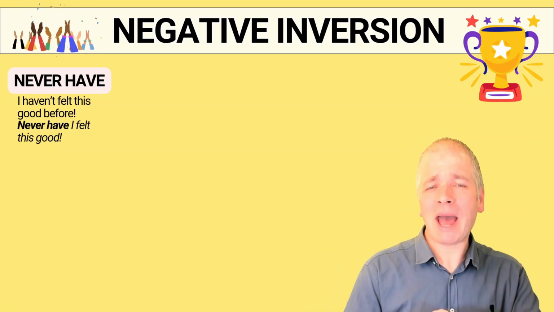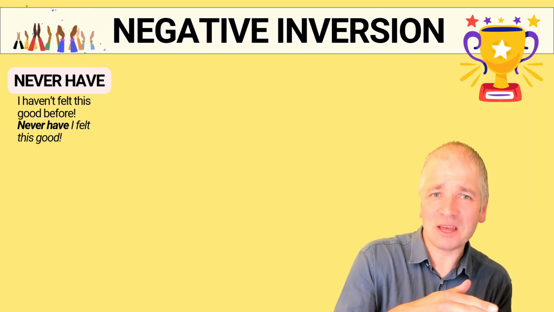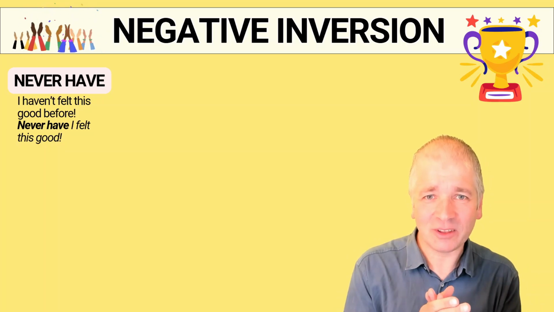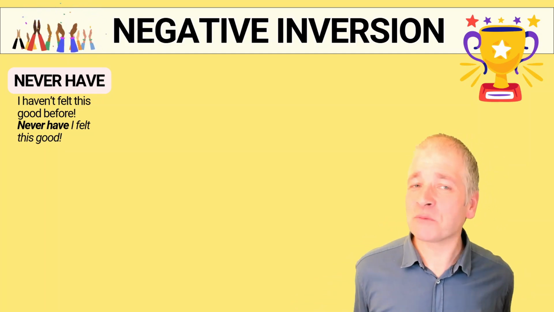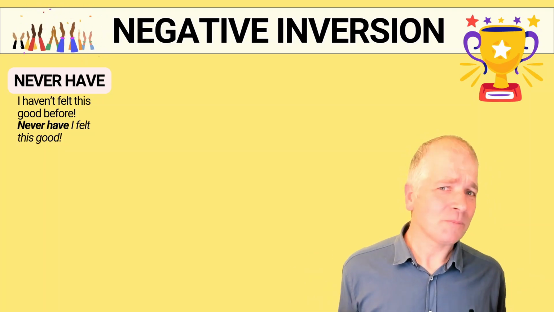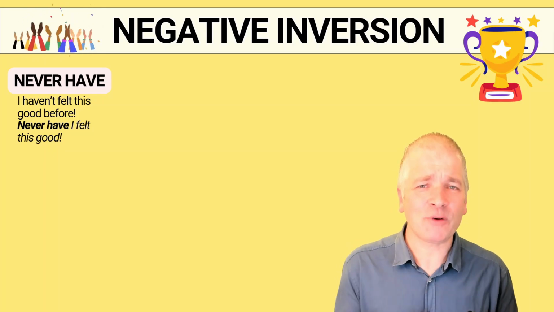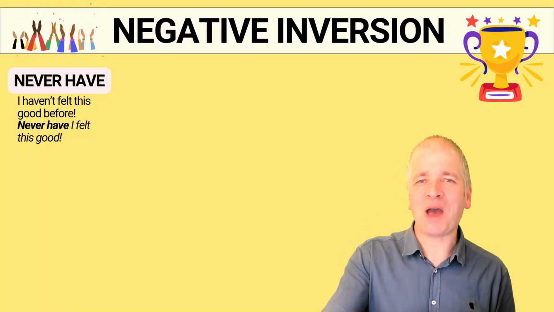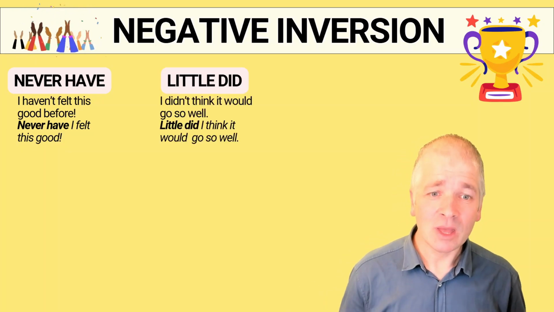And this impact of putting the negative word first and inverting the auxiliary and the subject brings extra emphasis to what comes afterwards. I haven't felt this good before. Never have I felt this good. It's a situation that has not happened in my life, and I want to emphasize that fact. You could also use little did.